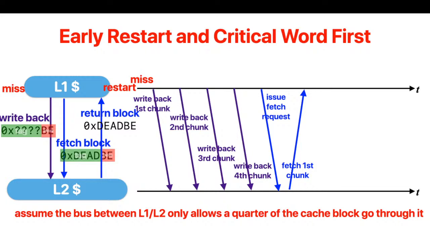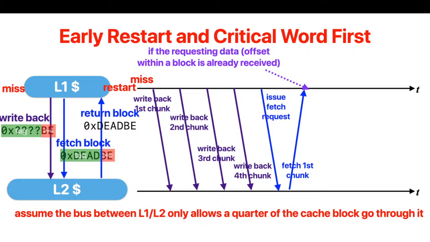What can you do? Okay, I'll give you the motherboard first. I put it in there, and when we get the module for the keyboard and touchpad, we can just come back. So this is like early restart and critical word first: we give you what you want first. Of course, for the rest of the stuff, you have to retrieve it later. But at least you can start working. So that's the idea of early restart and critical word first.